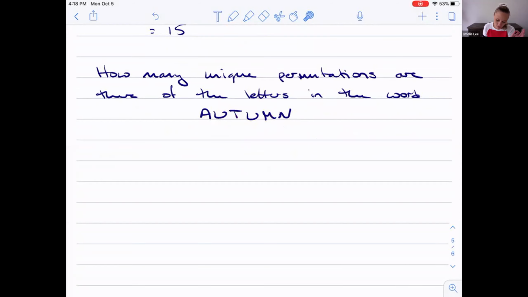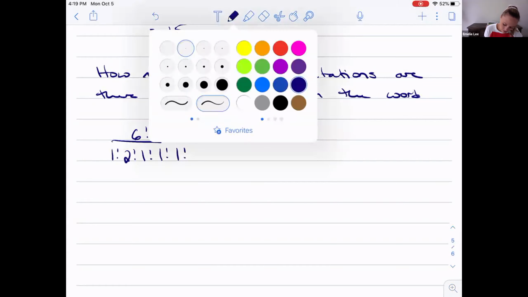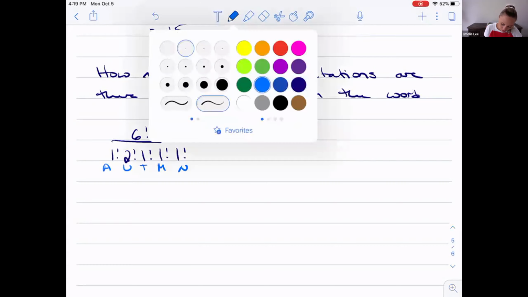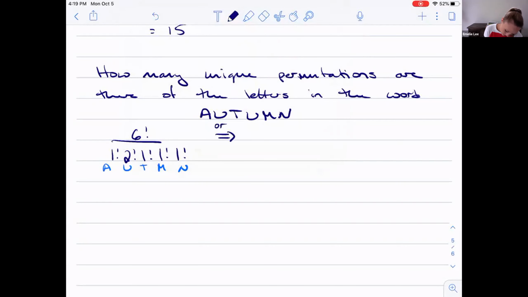1, 2, 3, 4, 5, 6 again. 6 factorial over, there's 1 A, so technically you'd have 1 factorial, 2 U's, 2 factorial, 1 T, 1 M, and 1 N. You don't have to write all that, so I would probably just write 6 factorial over 2 factorial, because 1 factorial is just 1.